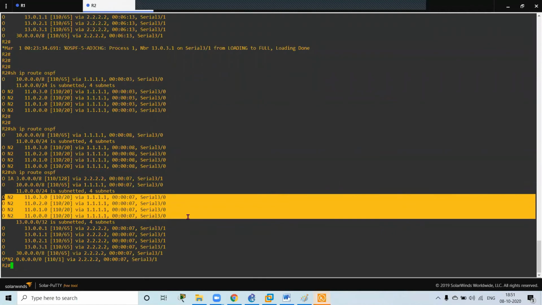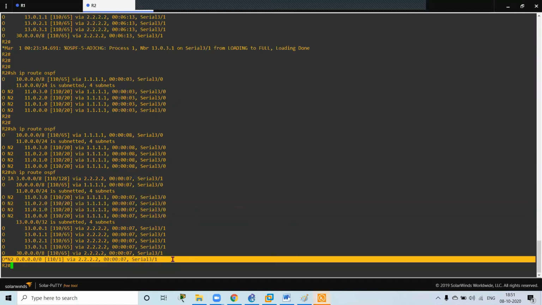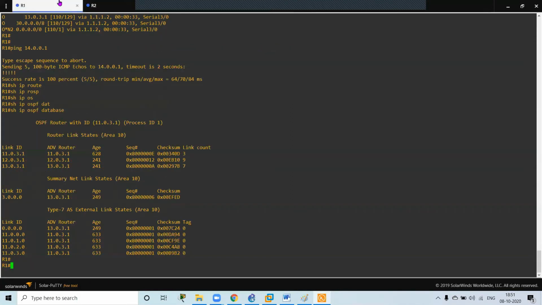If I convert these O N2 routes into one single default route, they will look like this. External routes, default being the star, advertised as a default route in OSPF. Yes, that makes external routes much more sense. Thank you.